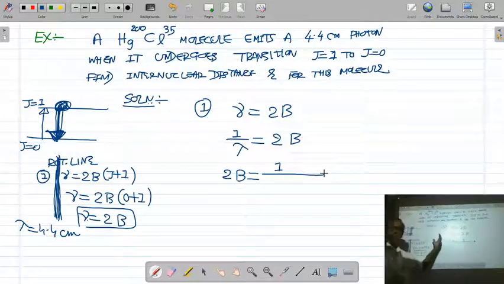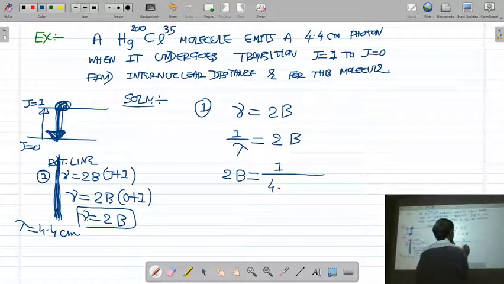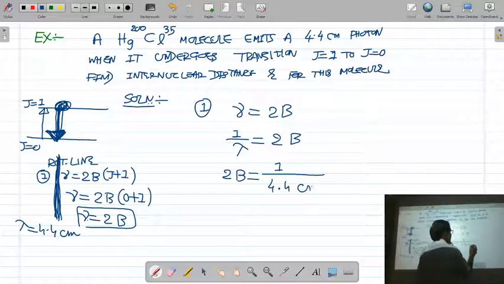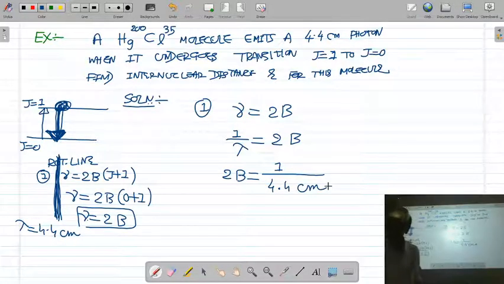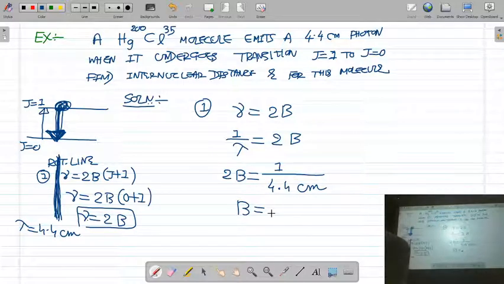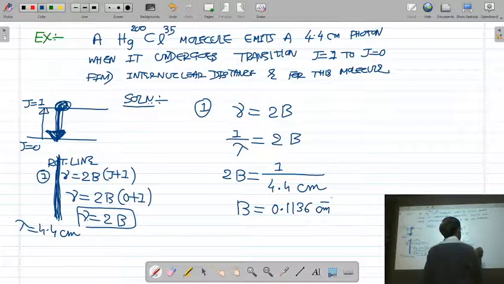What is the wavelength of the emitted rotational line? The wavelength of the emitted rotational line due to the transition of the molecule from level 1 to 0 is 4.4 centimeter. So I write 4.4 centimeter. We will get the value of the rotational constant B, that is 0.1136 centimeter inverse.